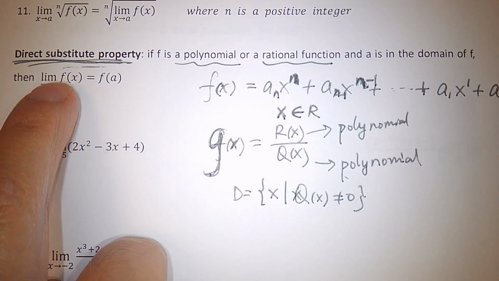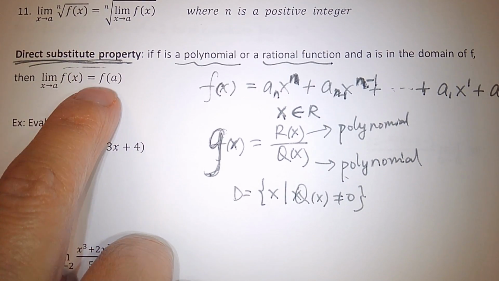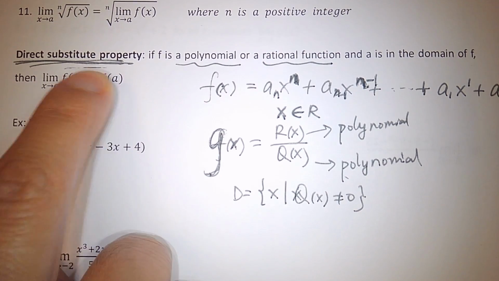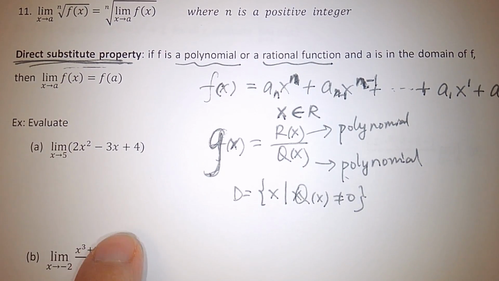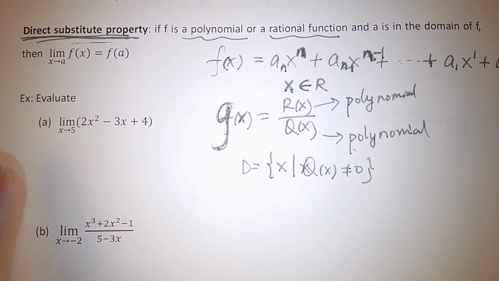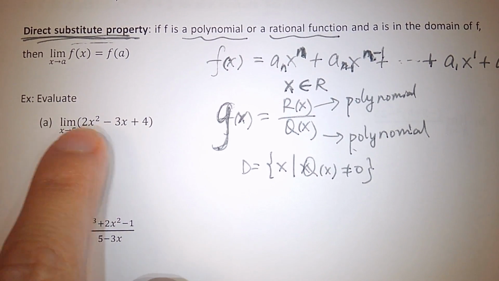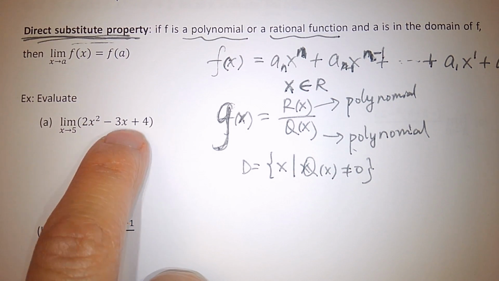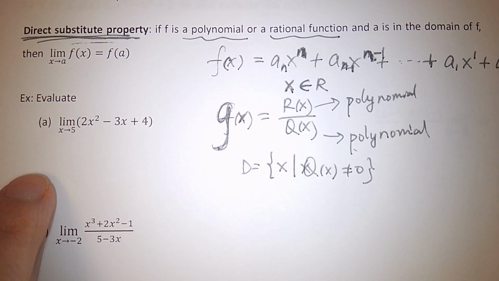Then we directly substitute x by a, and we can get the limit. Now guys, let's do these three examples. First one, evaluate the limit of the function 2x² minus 3x plus 4 when x approaches 5.